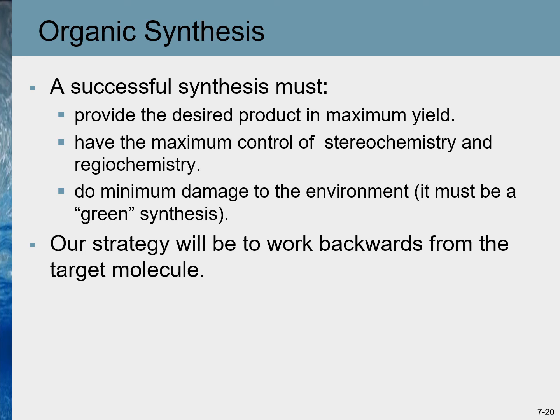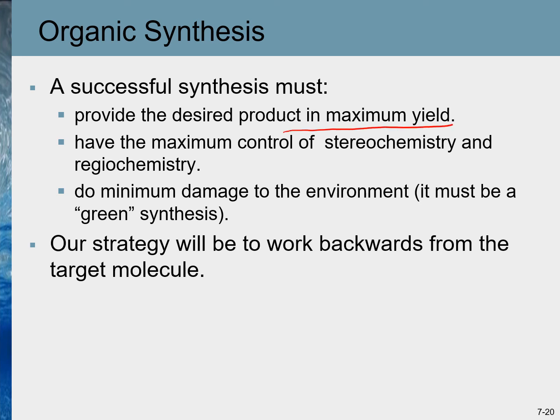Organic synthesis is generally the most important objective of organic chemists, and it is applicable to the preparation of compounds for use as pharmaceuticals, agrochemicals, plastics, or many other important materials. A successful synthesis must provide the desired product in maximum yield.